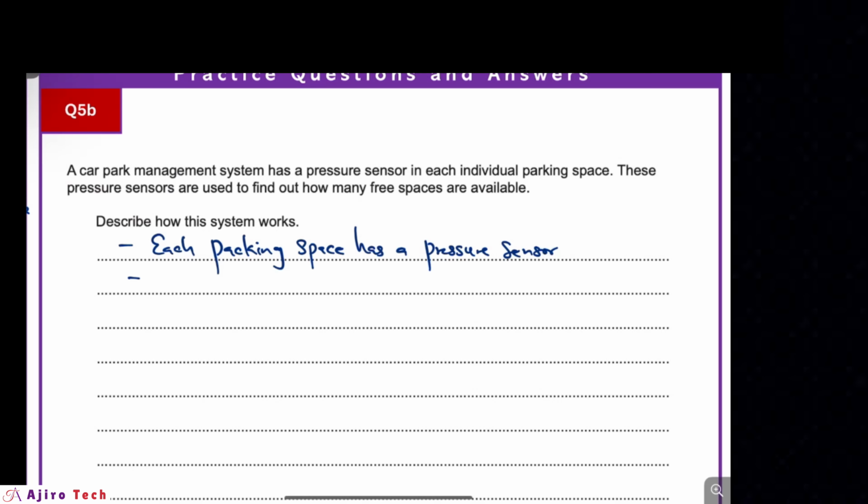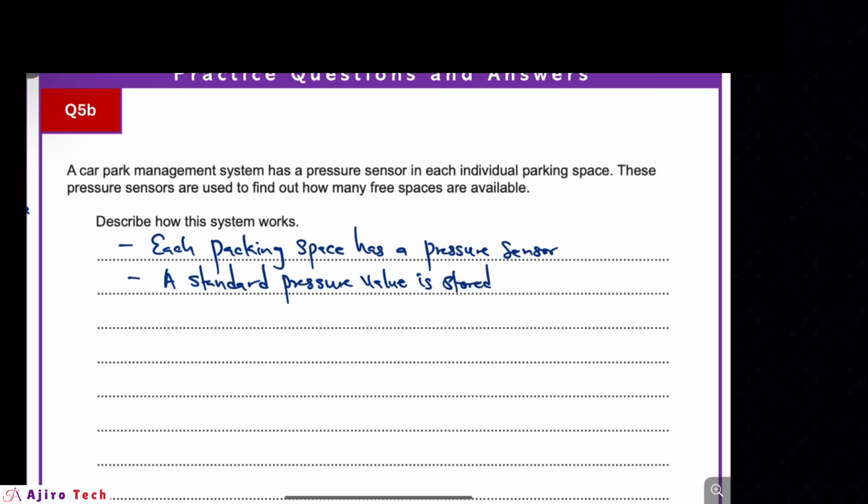The next one is a standard pressure value is stored.